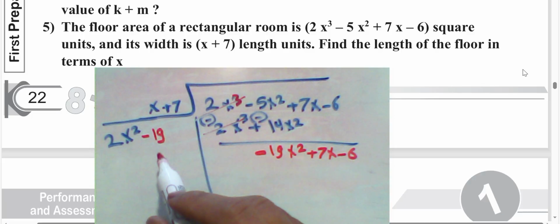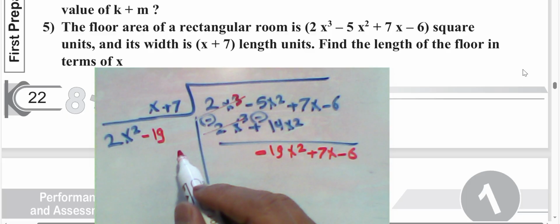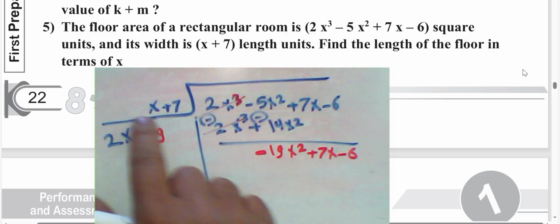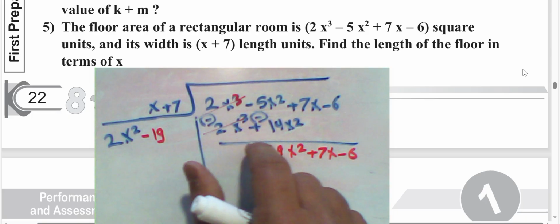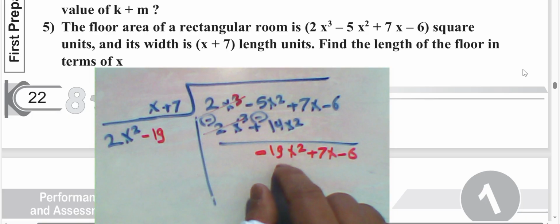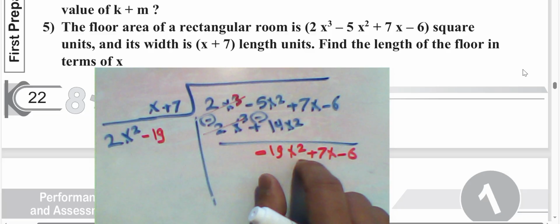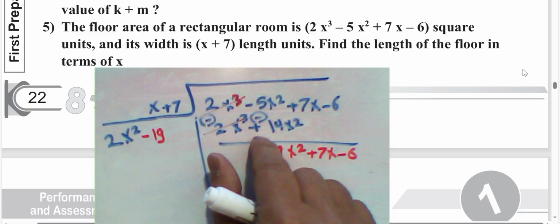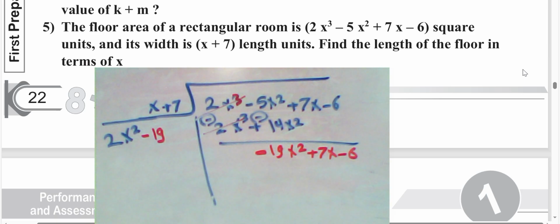It can be divided by x plus 7. 2x power 3 divided by x equals x power 2. 2 times 1 equals 2x power 3. 2 times 7 is 14. Then we can collect together. Negative 19 x power 2. We have negative 5 x power 2 and negative 14, which gives negative 19 x power 2.